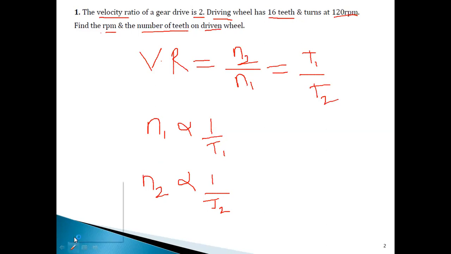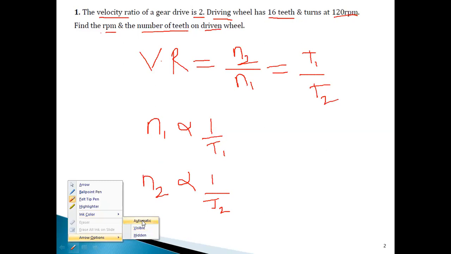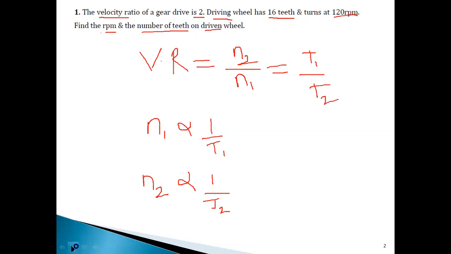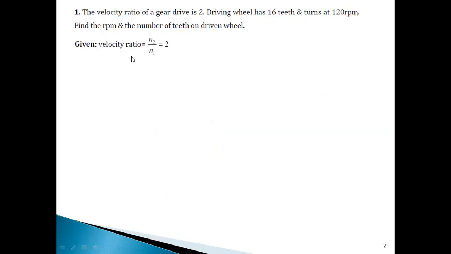Let us see the velocity ratio as we are discussing here. The given things in the question: the velocity ratio N2 by N1 is equal to 2.